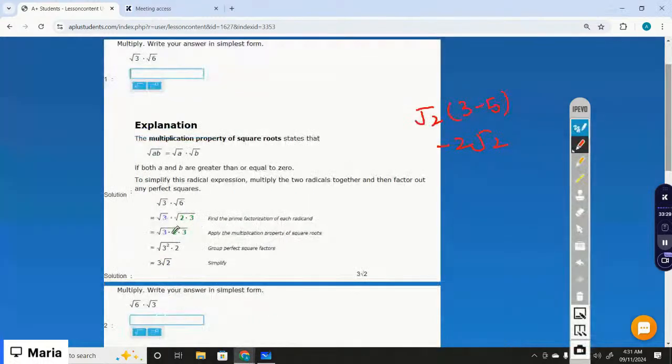So you can write it as square root 3 times square root 6. So make the prime factors of both the numbers. You can write square root 6 as 2 times 3. So 3 times 3 you can write in square form. So that would be 3 square root 2. Basically you have to simplify them, right?